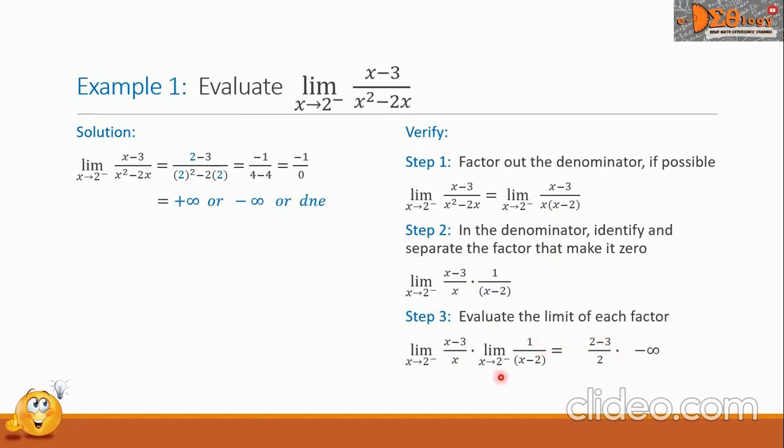When x approaches 2 from the left side, our limit here comes to negative infinity. Simplifying this fraction, we have now negative 1 over 2 times negative infinity. When we get the product of this negative infinity by this negative fraction, the answer will be positive infinity.